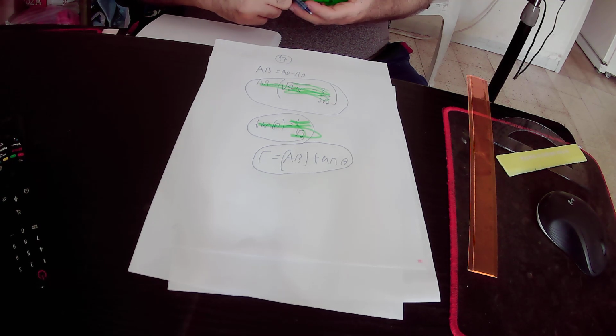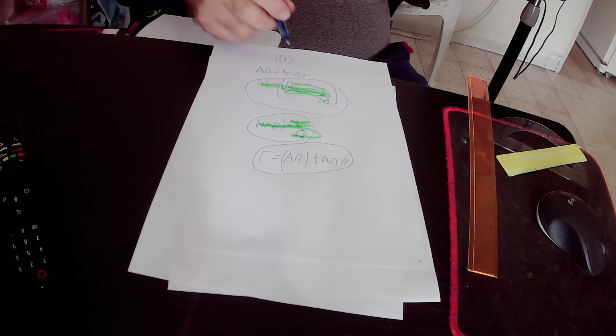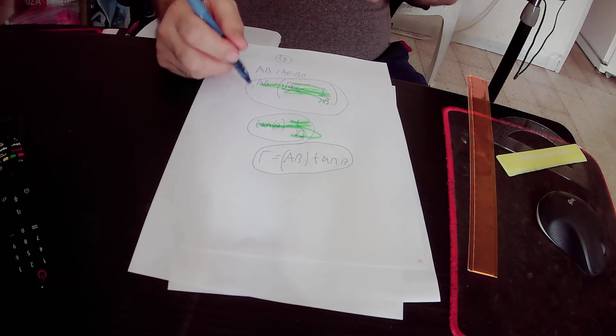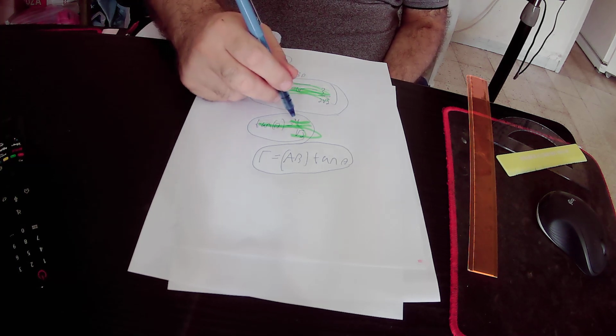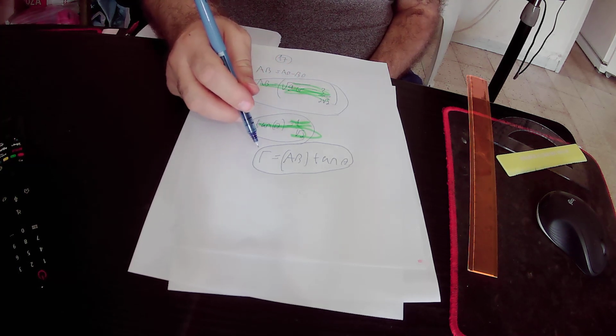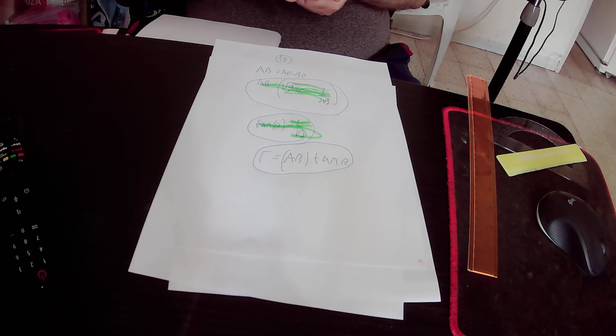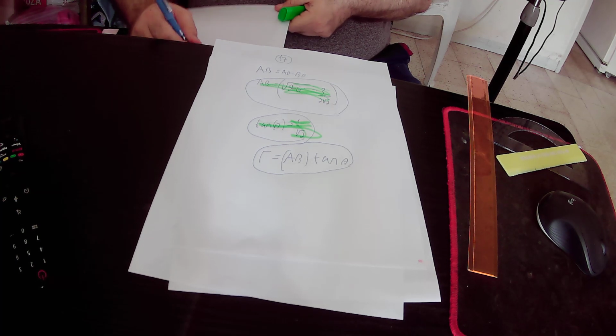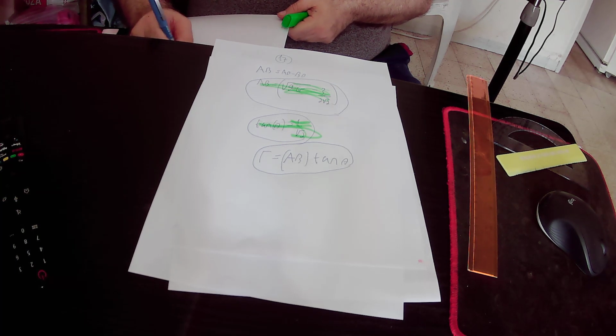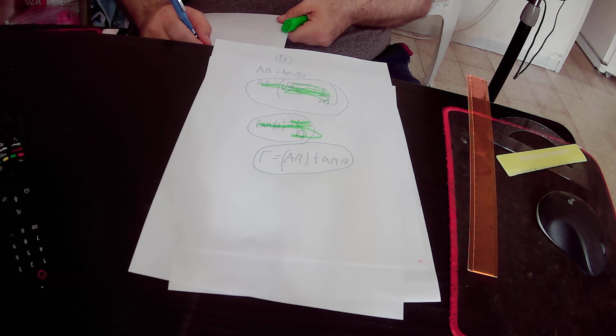Okay, so we'll substitute AB by this expression, and we will substitute tangent theta by 1 over root 2, and we will find out the radius of the small circle. Okay, so we will do it now. So the radius, small r, of the small circle equals AB.